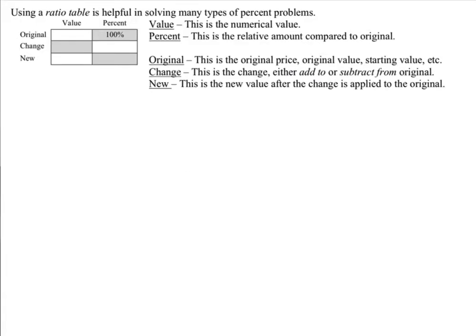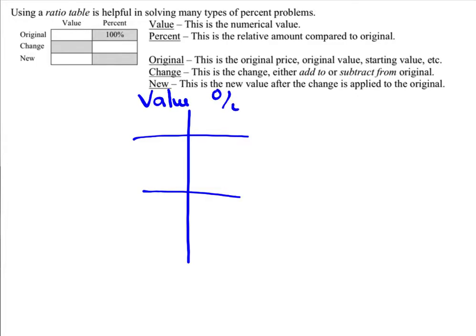I am going to demonstrate a little bit with ratio tables as well. In a ratio table, as this one is, I've got my value versus my percent. So in this column are going to be the values and the percent. The top one is the original, and it is always the 100%.